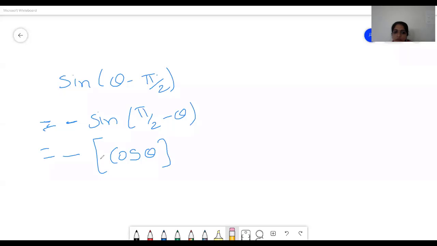But it is positive or negative, it depends on these. So sine pi by 2 minus theta, pi by 2 minus theta means it is in first quadrant. In first quadrant, cos is positive. But for this minus sign, our final answer is minus cos theta. Okay.